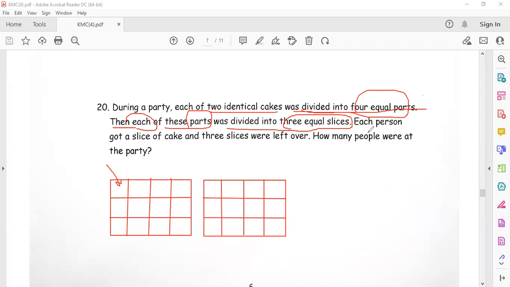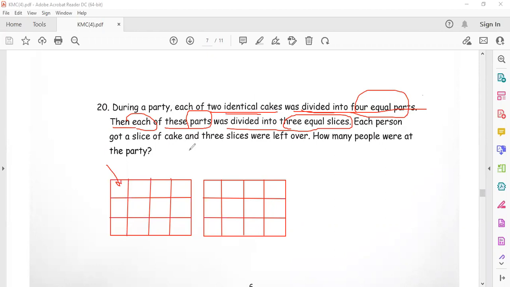Now, we haven't even read the final part of the question, but we have already drawn so much. This is how I'd like to do a question before I get confused, because when I read a question and go to the end, I probably forget what I read in the beginning. So when I do a question like this, I would advise you to follow the question. So 2 identical cakes, all right. Please don't use circles.